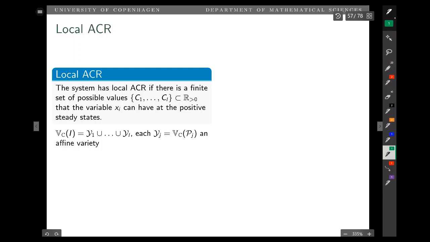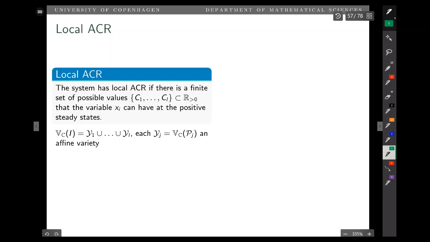But this only happens sometimes, in fact. So this is what local ACR means. It means in each of the irreducible components, I have ACR. I have a fixed value for each component. And the number of components is always finite. So it means I actually have a finite number of values that the variable xi can achieve at positive steady state, which is also interesting.